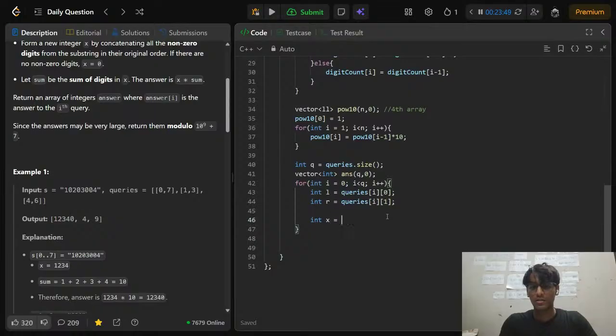And now index equals, we have to do digits of r minus digits of l minus 1, times power 10 of.